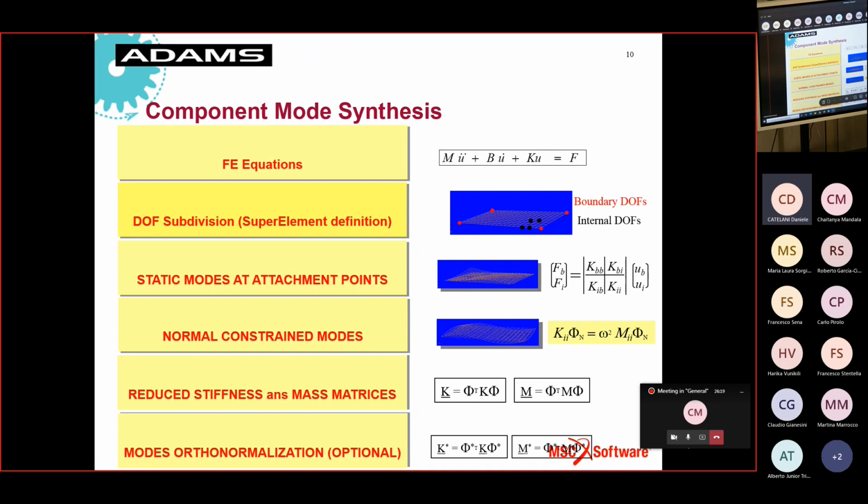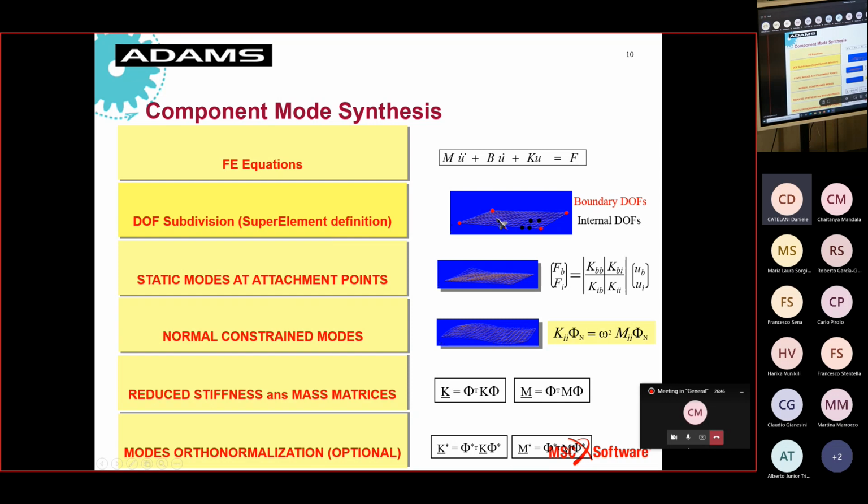You usually import this body in a preprocessor, define your mesh, your elements, your properties, material, etc. On this body, you select nodes in which, in Adams, you will have connections or applied forces, in this case 4 nodes, and you select Sol 103, that is modal analysis.